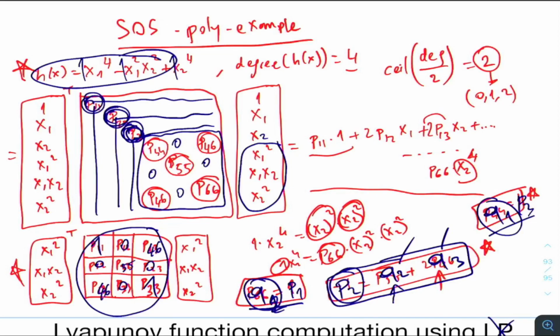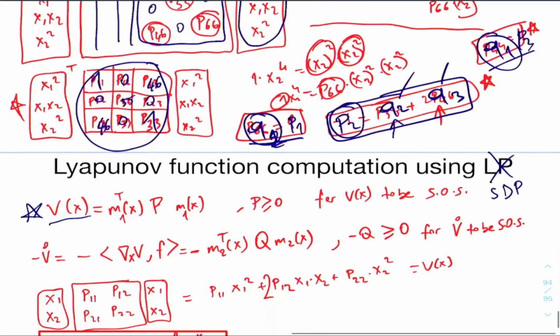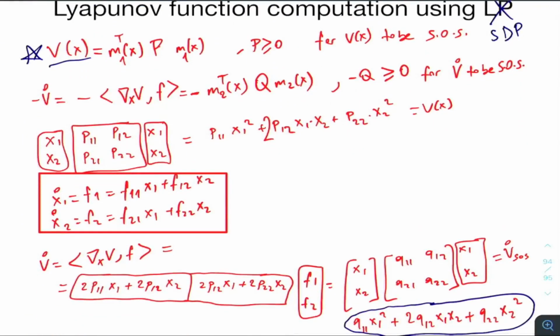That means you will have some degrees of freedom from the q matrix, from q terms. Even for this really easy example, you're going to see what I'm saying. We are just going to parameterize them, and determine the relationship between the p matrix and q matrix, or p entries and q entries, right?